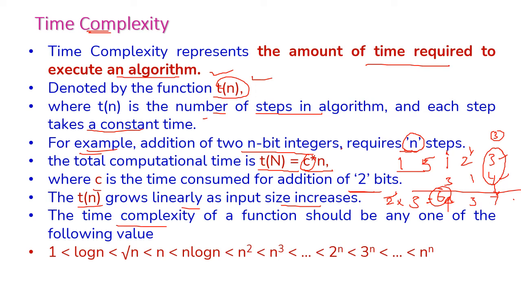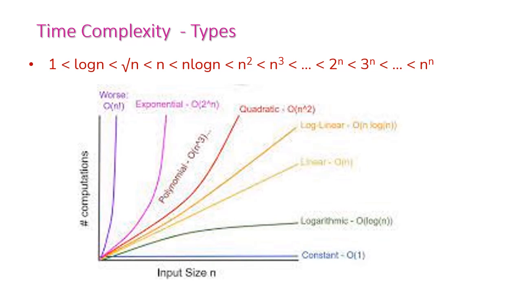The time complexity of a function should be any one of the following values. These are different types of time complexity, starting from the constant O of 1 to the worst case n power n. This is constant, this is logarithmic O of log n, this is linear, and this is log linear, n log n.